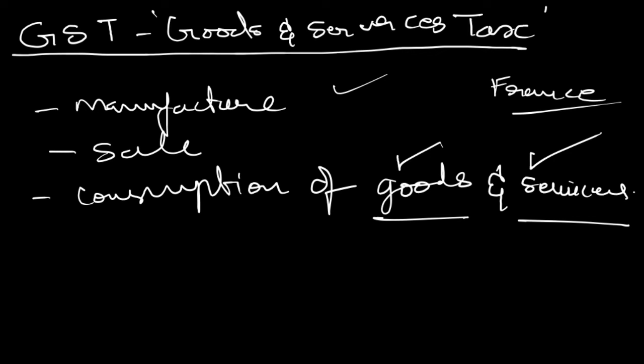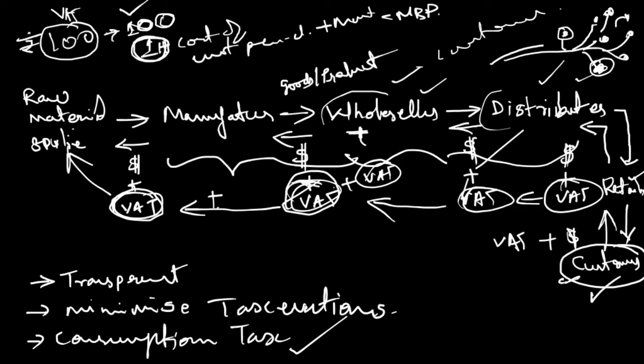A major change in administering GST will be that the tax incidence is at the point of sale as against the present system of point of origin. So where does the tax happen? Tax is happening at the point of sales, where you pay money, instead of the point of origin that we learned as per the VAT.